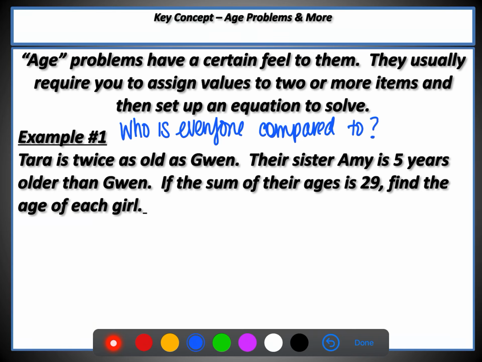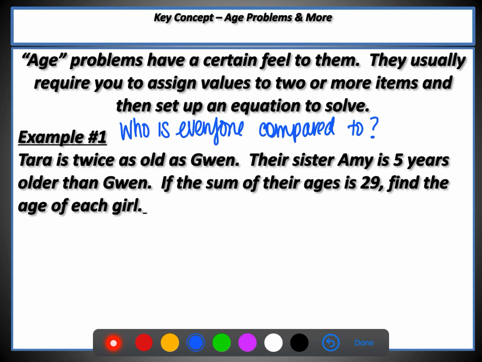There's always going to be one person that everybody else is compared to, and that's the person that will represent your first value, your n. So whoever that person is, you're going to make them your n.